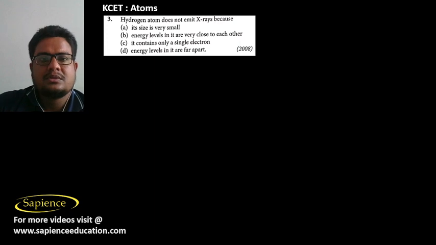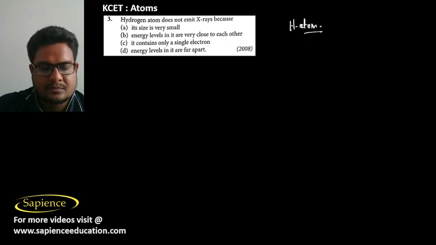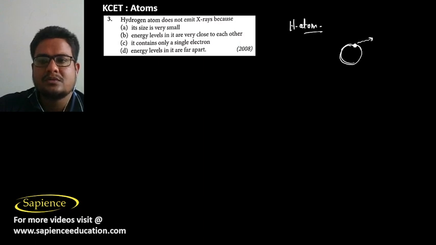In question number 3, it is told hydrogen atom does not emit X-rays because... X-rays are emitted when, in any atom, one of the electrons is ionized, meaning it goes outside of the atom, and a hole is created in that place.